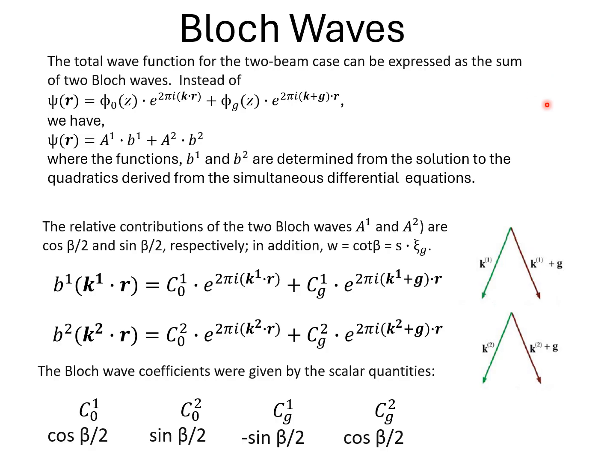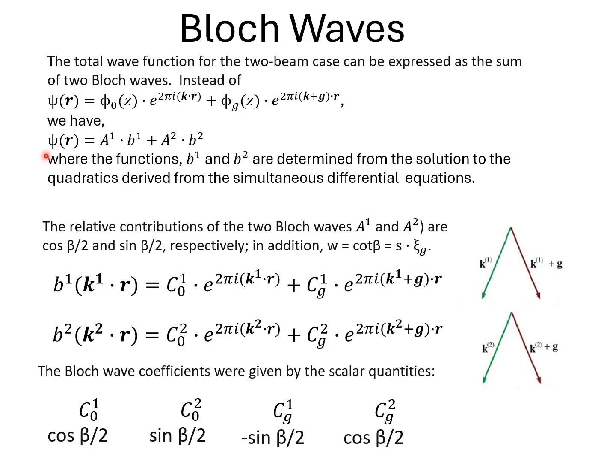So how does this work out formally? Well, we go from representing the wave equation in the crystal, as I showed you initially, by this, to now being represented by a sum of Bloch waves with different multiplying factors. These amplitudes, if you like, are a function of the deviation parameters.